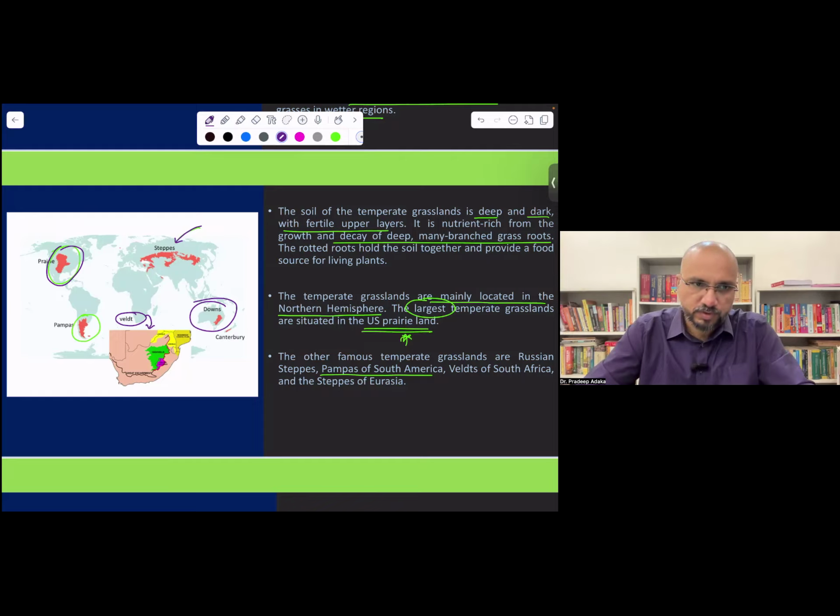In each continent, what are the different mountain ranges that you see? If you are studying Africa, you have to study in detail what the major rivers are, what the deserts are, where the grasslands are, what the major mountain ranges are, and if there are any lakes in that particular continent. All these things.